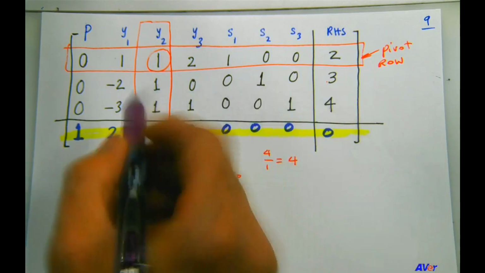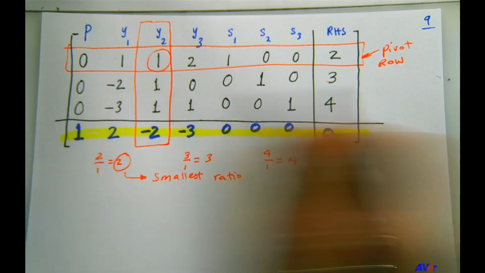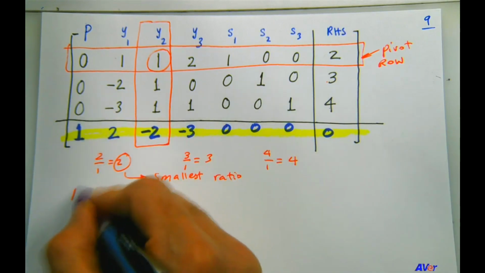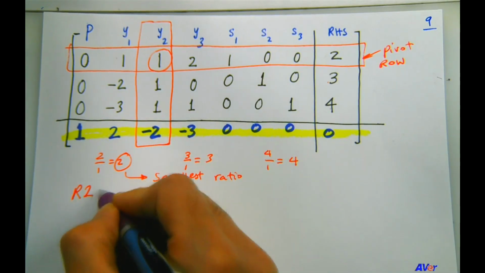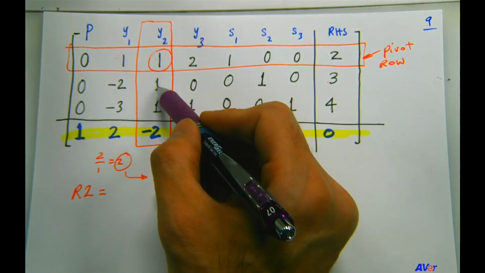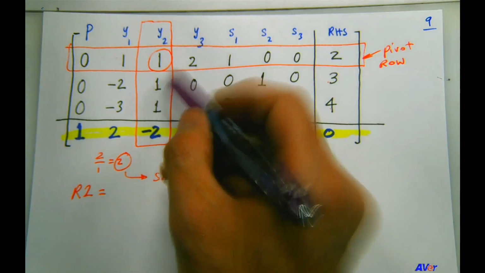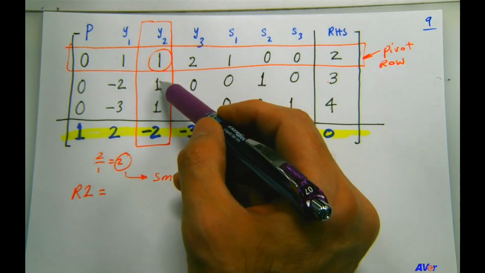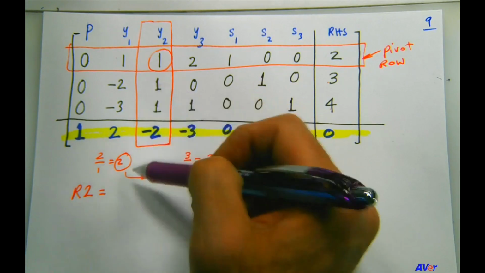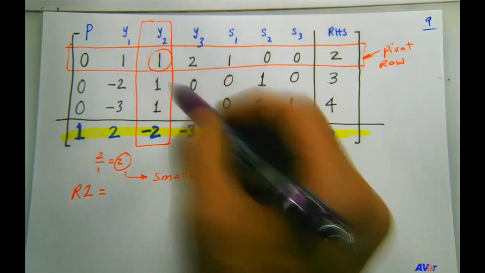So we have to change this one to 0. This one is in row 2, right? So we're going to have to change row 2. Row 2 is equal to, how are we going to change this 1 to 0? Well, very easy. All we need is to add a negative 1 to it. But where is the negative 1 coming from?